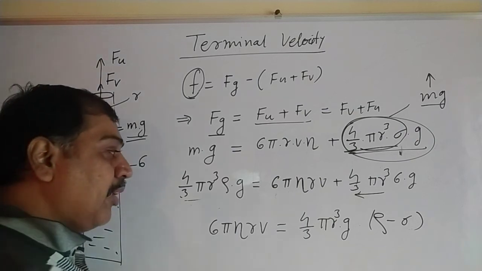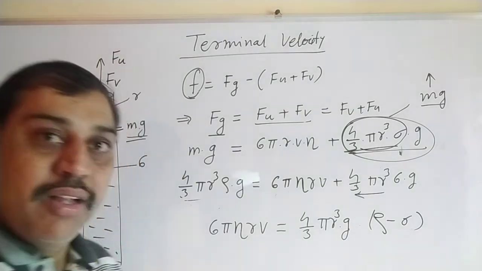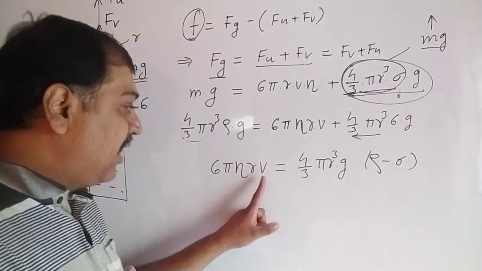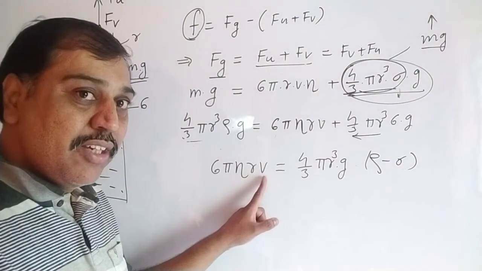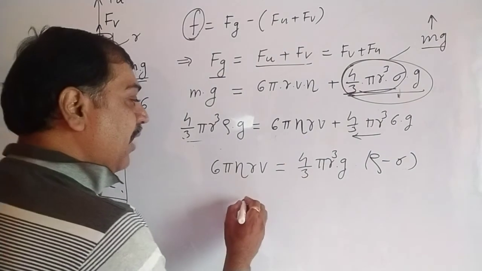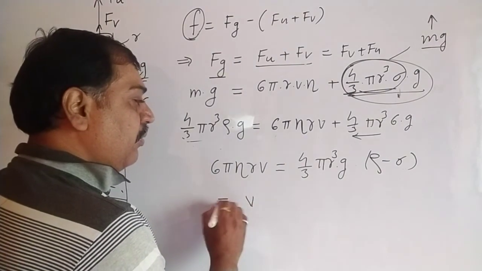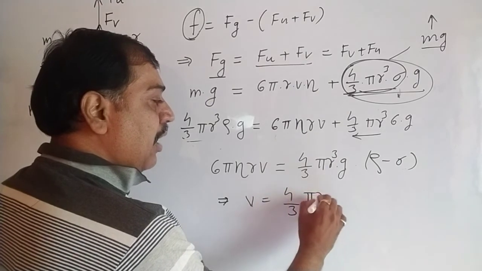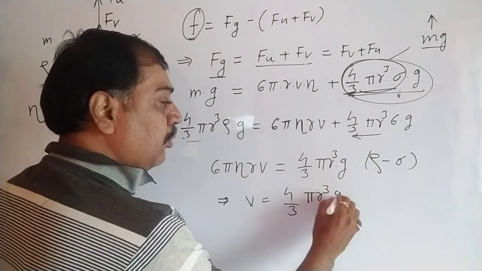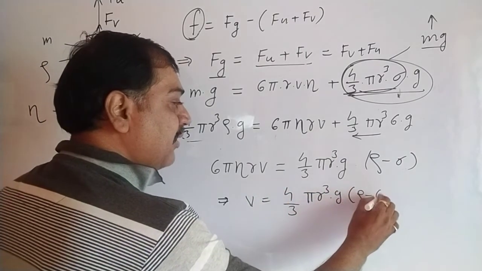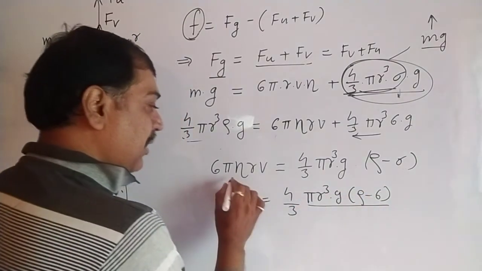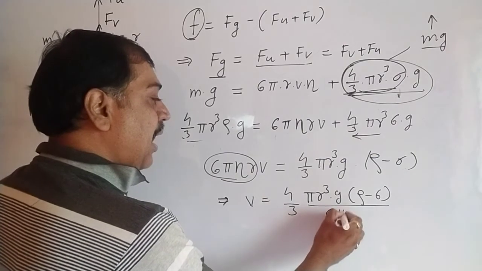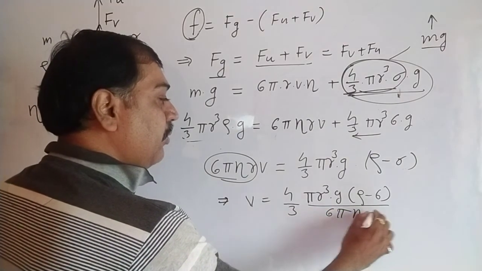Now further, you can solve this also. Here we are interested in finding the terminal velocity. So v, terminal velocity, we want to find out. So v equals 4/3 πr³g(ρ − σ) divided by, this term goes to that side, 6πηr.